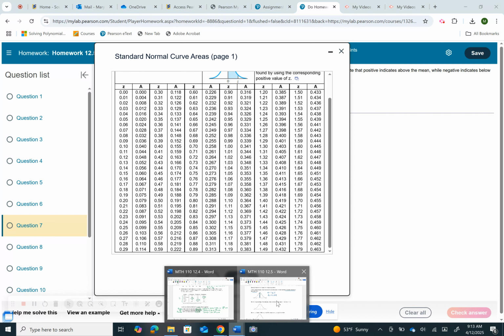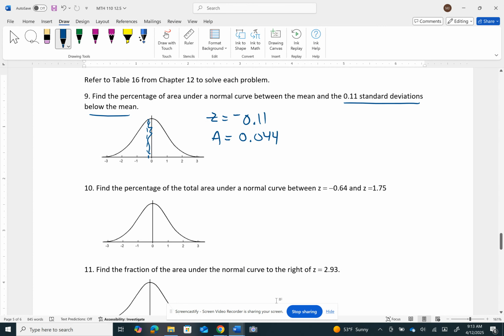Okay. And I wanted the area between the mean and 0.11 standard deviations below the mean. These problems don't have the picture drawn. You need to draw the picture. It really helps. And so that's exactly what the table would do for us. We do want a percentage, so we'll change that to 4.4%.